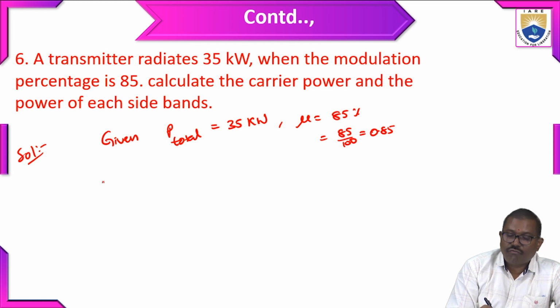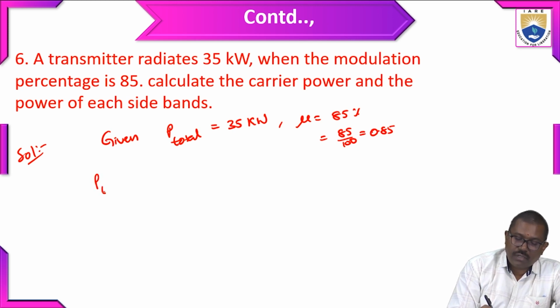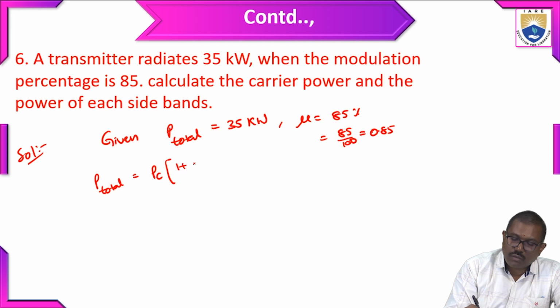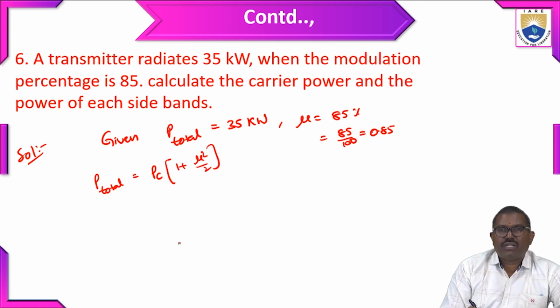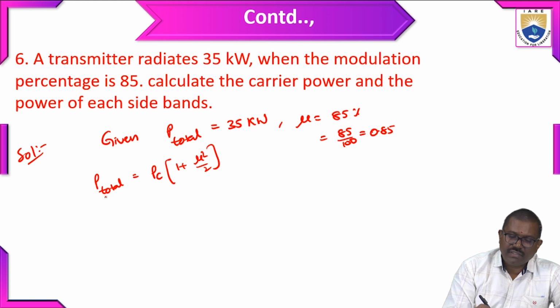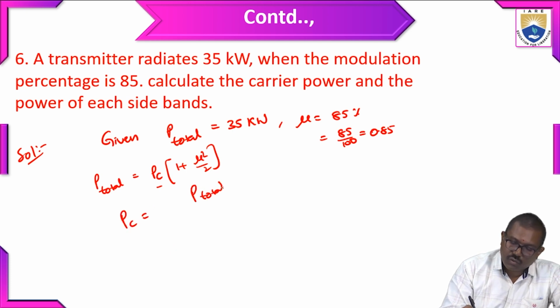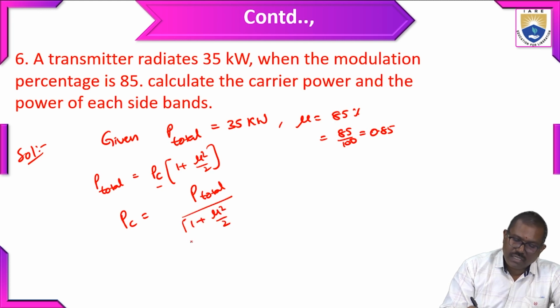Now what is the formula for total power? P total is equal to Pc into (1 plus mu squared by 2). They gave the total power, and they are asking to find the carrier power, so I require Pc. So Pc is equal to P total divided by (1 plus mu squared by 2).